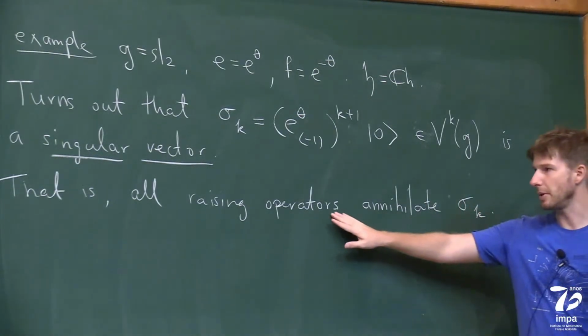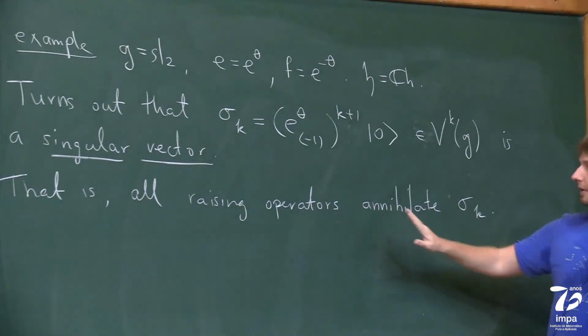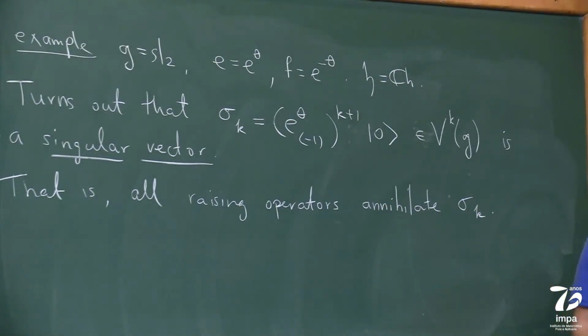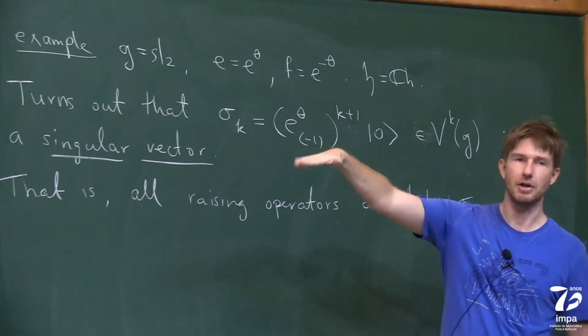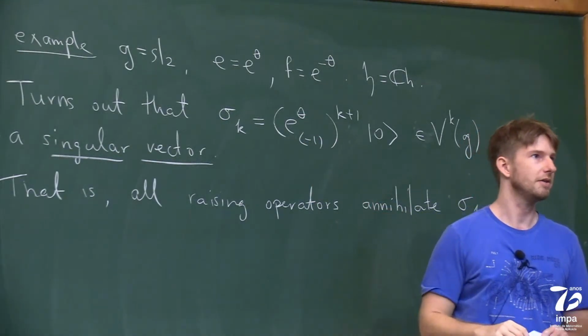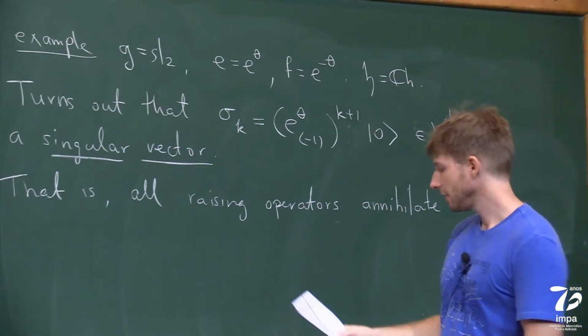And what that means by definition is that all raising operators annihilate it, where raising means goes up in that diagram, or in other words, decreases the conformal weight. Okay? So an exercise.